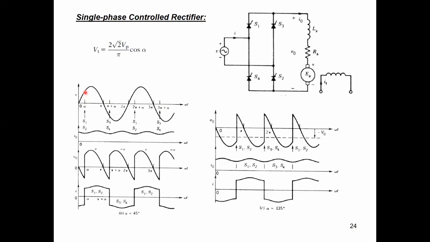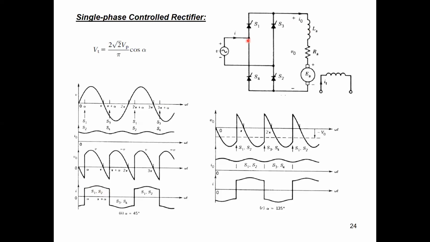Simply, when thyristor S1 is turned on, a current will flow. As you can see, here is the current due to S1. However, we need a closed path to flow the current from the supply to the load. So we have to turn on S1 and S2 together.